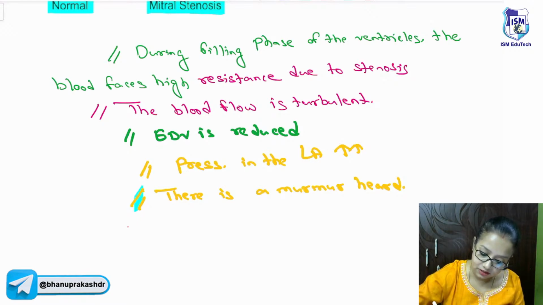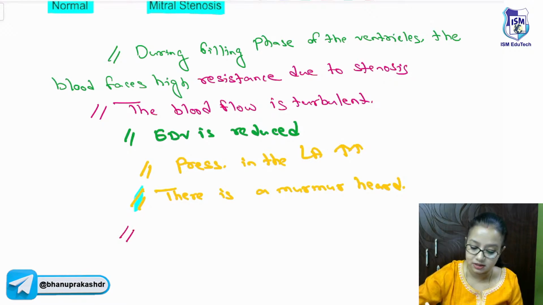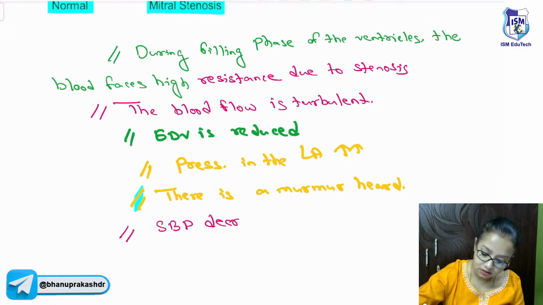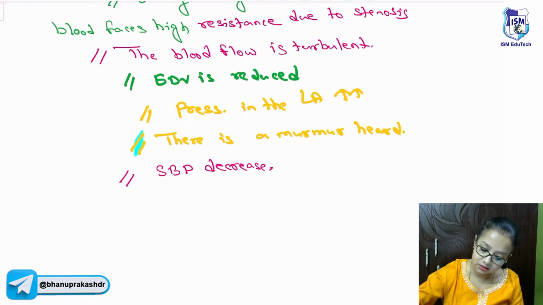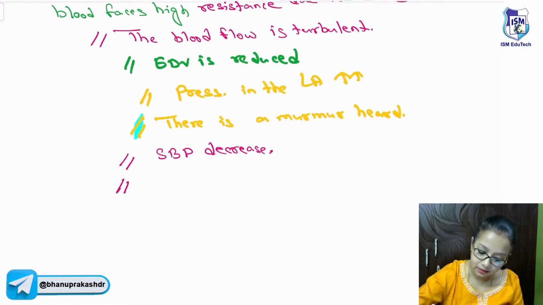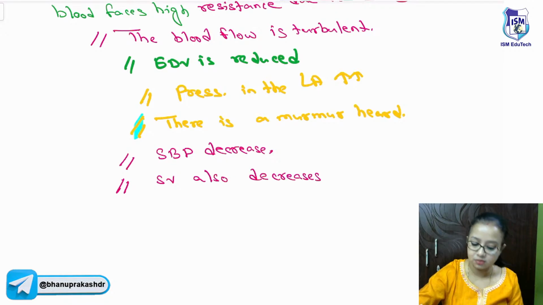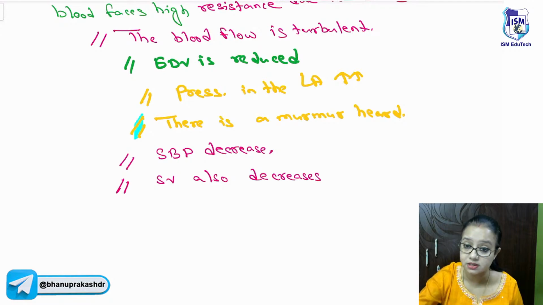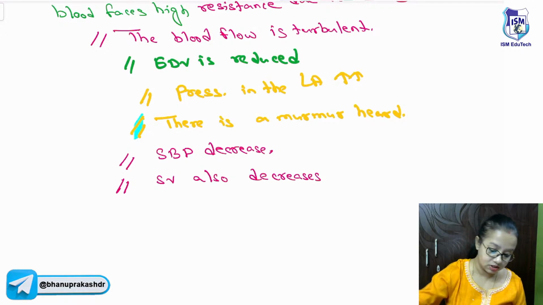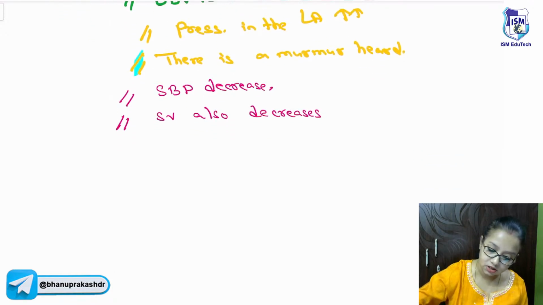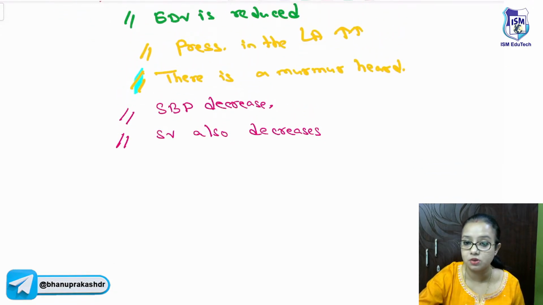It affects the systolic blood pressure. Stroke volume decreases first, and as a result the systolic blood pressure decreases. So these are the two examples in which we understood the abnormal conditions that affect the Wiggers diagram.